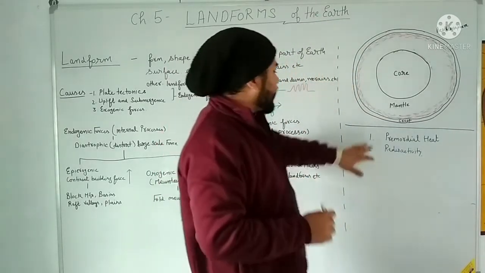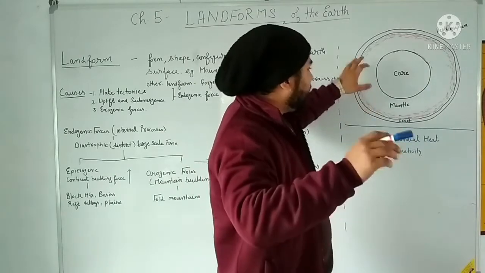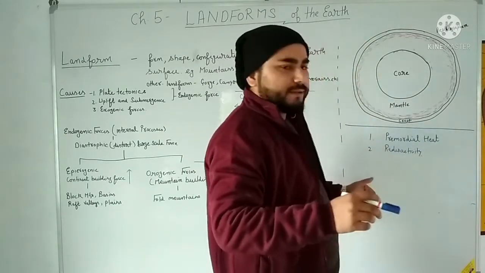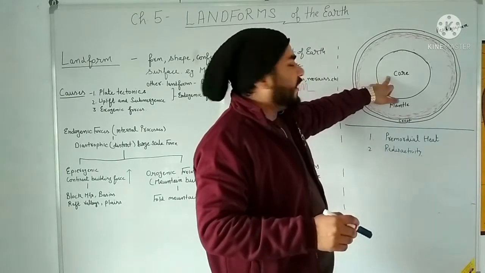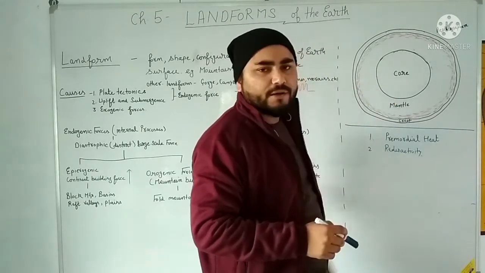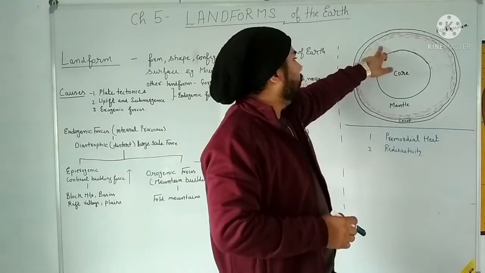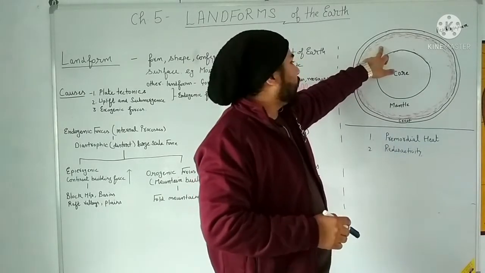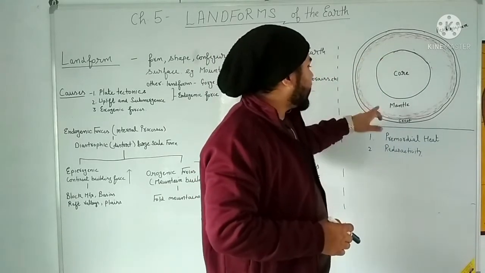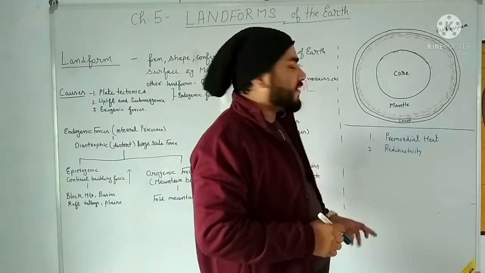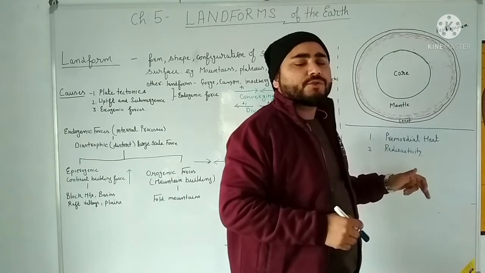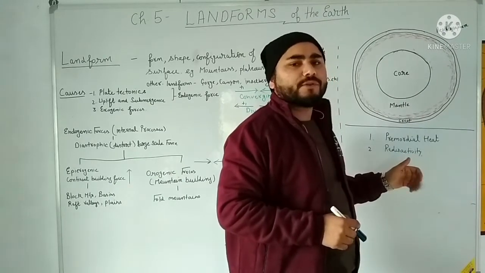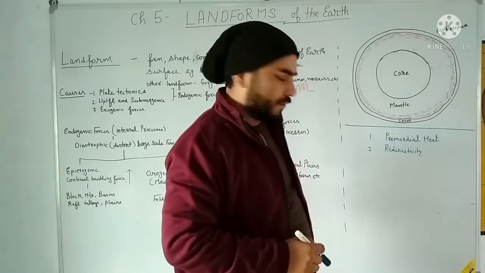We say that inside the earth the temperature is very high, around 6 to 9,000 degrees Celsius in the core of the earth, and around 3 to 4,000 degrees Celsius in the mantle. So why is the temperature inside the earth so high? What is the reason for that? That thing we are studying.